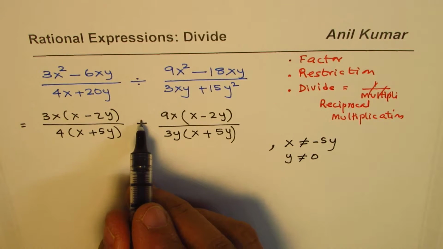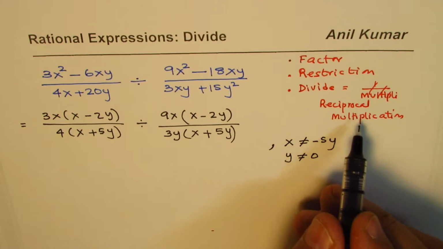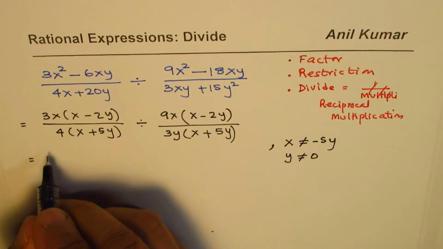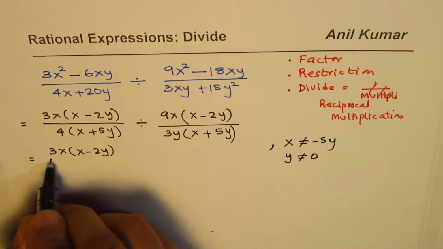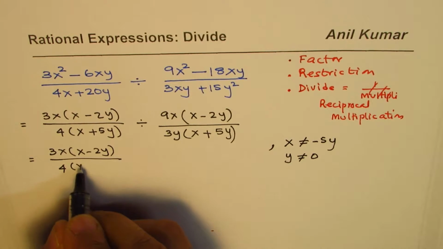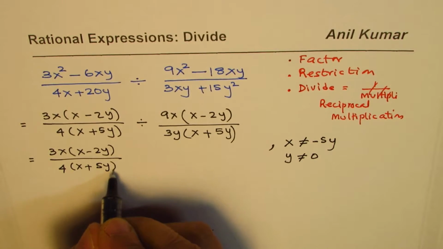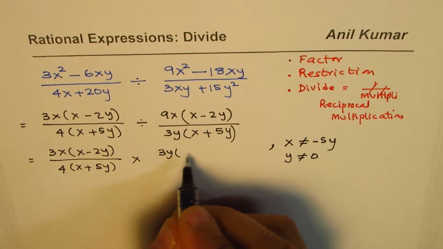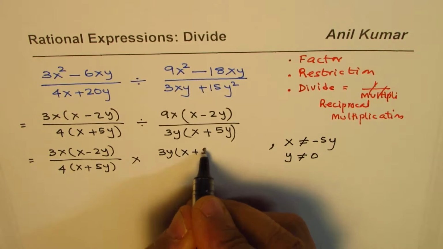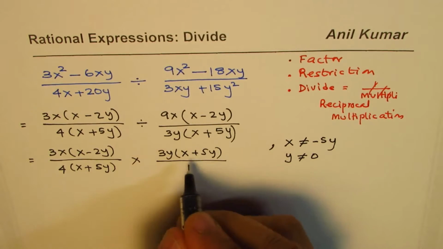Division, as we say, is reciprocal multiplication. So I could write this as 3x times (x minus 2y) divided by 4 times (x plus 5y), times what? The reciprocal of this, that gives me 3y on the top with x plus 5y, and the numerator comes to the denominator.